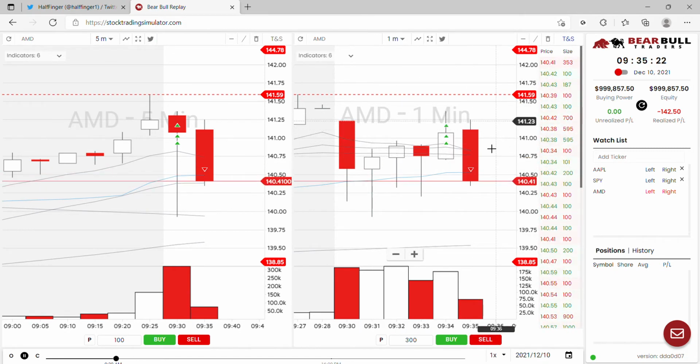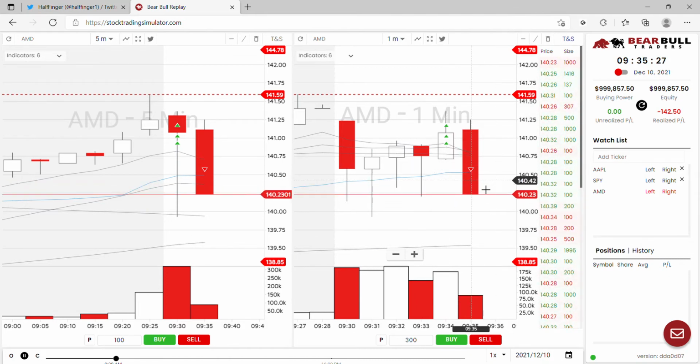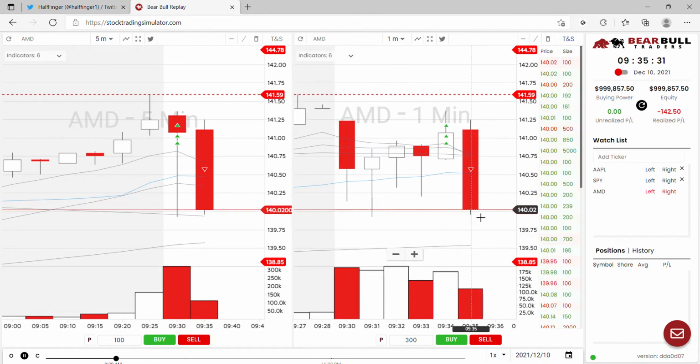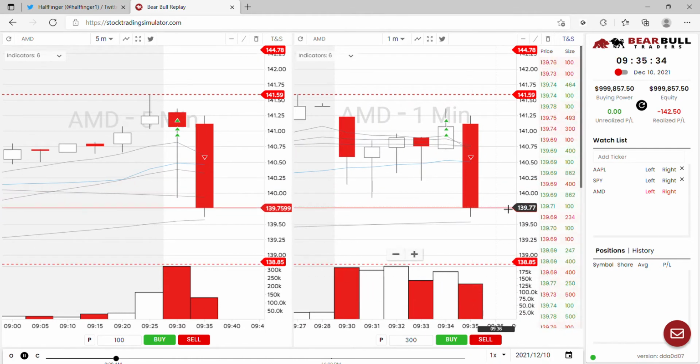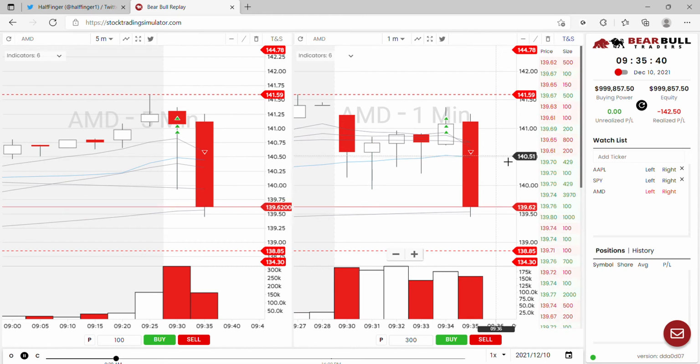I think a lot of people are long here, and they have stop losses here, and might have to cover. So this is huge. Wow. This is a big drop.